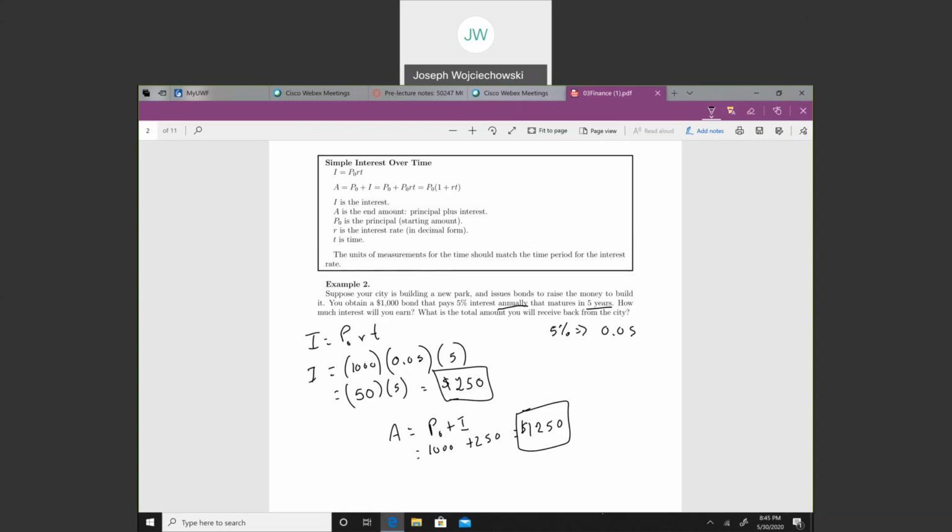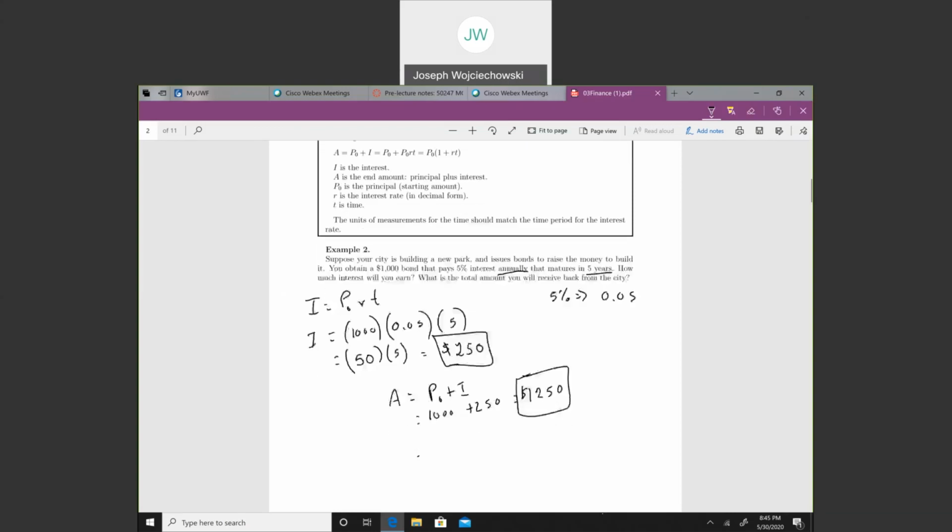Now, let's do the second part using this formula here. Say we didn't find the interest first. Then the final amount would equal the principal times 1 plus the rate, which is 0.05. This is 1,000 times 1.05, and of course this will give us 1,250.